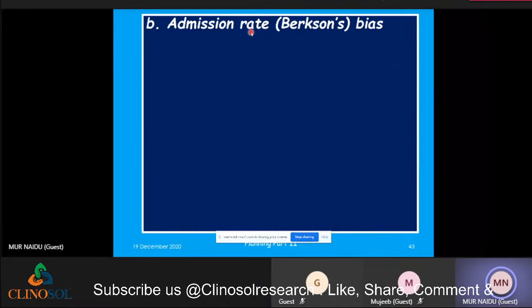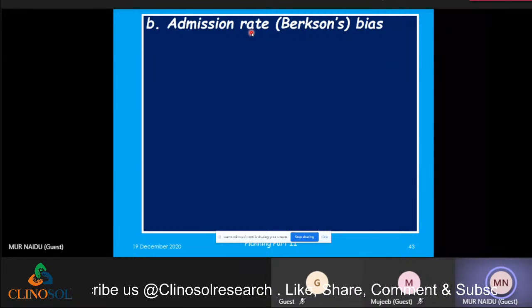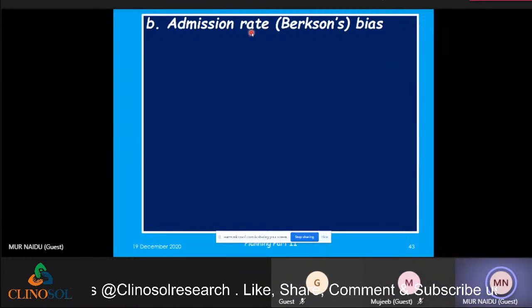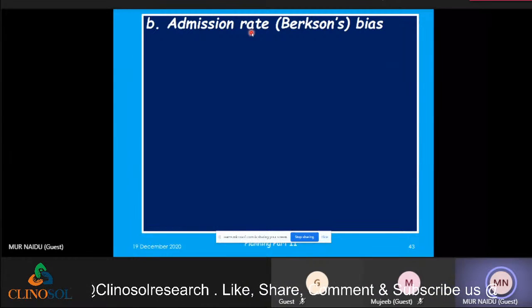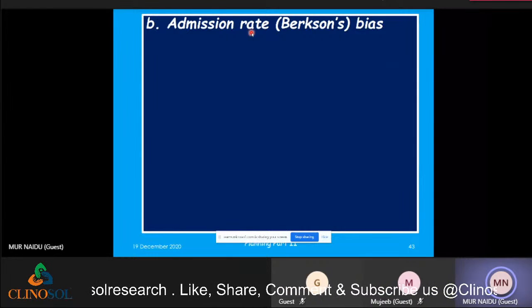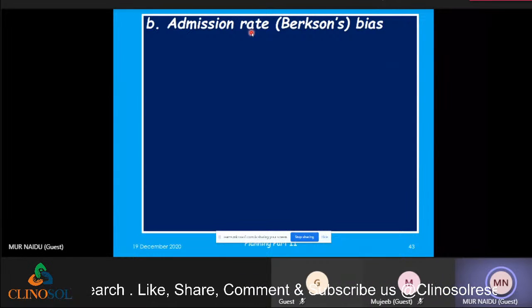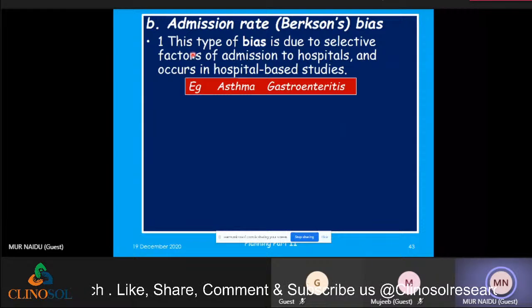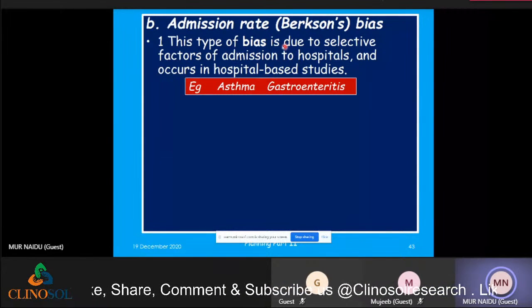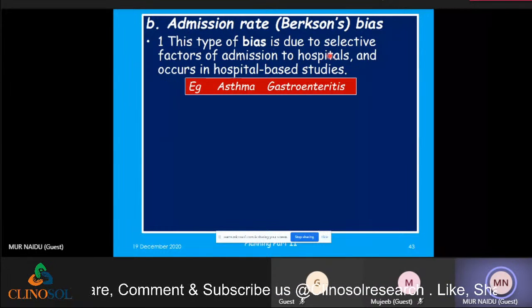And admission rate bias, this is another thing. This is very common when you are doing a study related to hospital admission or people coming to your clinic for a particular type of study. So there may be a difference in the rate of admission and that will bring a bias. For example, you want to do a study where you wanted to have admission in the hospital, and this is a hospital-based study.